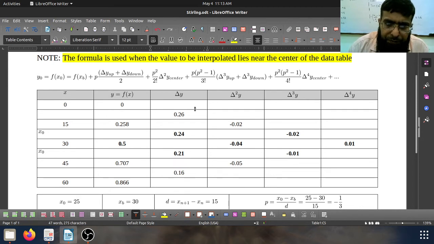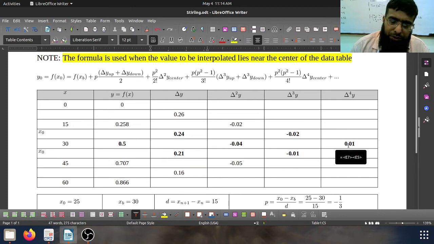As we proceed to the next term, that is p squared divided by 2 factorial, this is del squared y center, because it is in the center between up and down. Then the third term, p times p squared minus 1 over 3 factorial, is del cube y up plus del cube y down, plus p squared minus 1 over 4 factorial and del to the fourth y center.